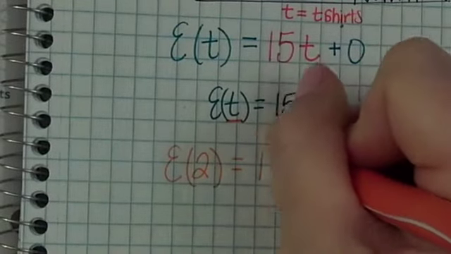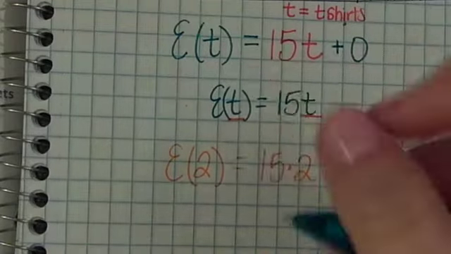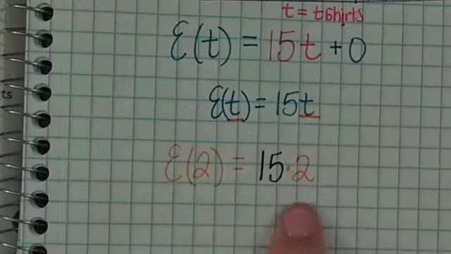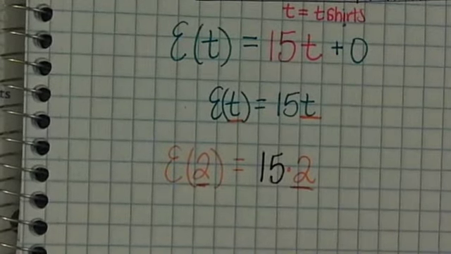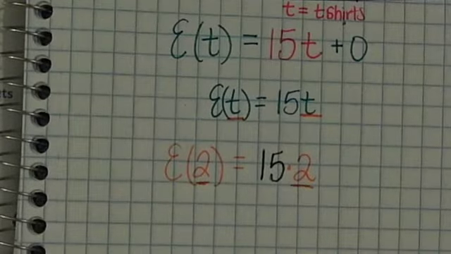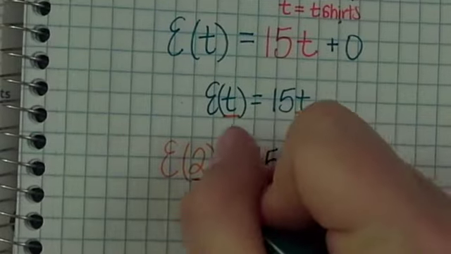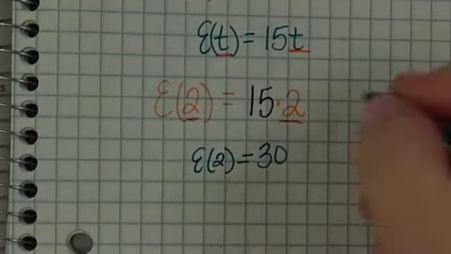So it would be 15 times 2. And I'm going to go ahead and write 15 the same color as above, just so that you see the 2 is what changed in that equation. So what is 15 times 2? 15 times 2 is 30. So the earnings of 2 shirts is $30.